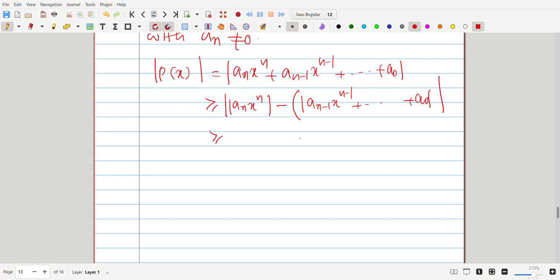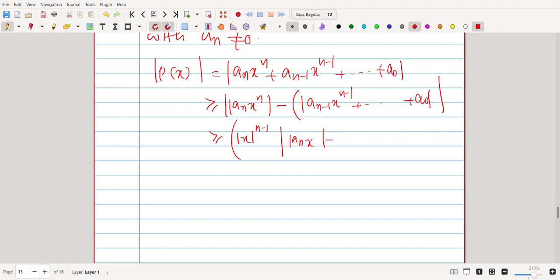Right, p(x) is greater equal to this. Now what you can see is just a manipulation of inequality, nothing else.